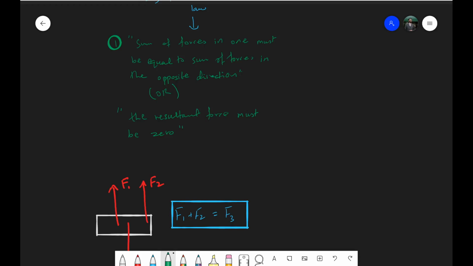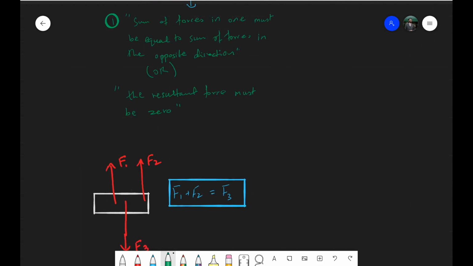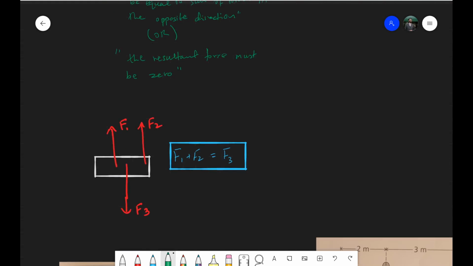And this statement and the statement above are saying the same thing. If you look at the forces on the object, F1, F2 and F3, when you find their resultant, since the forces acting upwards and the force acting downwards are in opposite directions, you will have to subtract them. So you could also say that F1 plus F2 minus F3 should give you 0 Newton as your answer, which is also the same thing. It's just the rearranged form of the above equation.